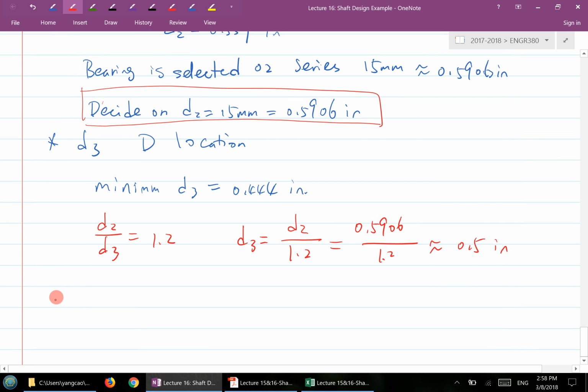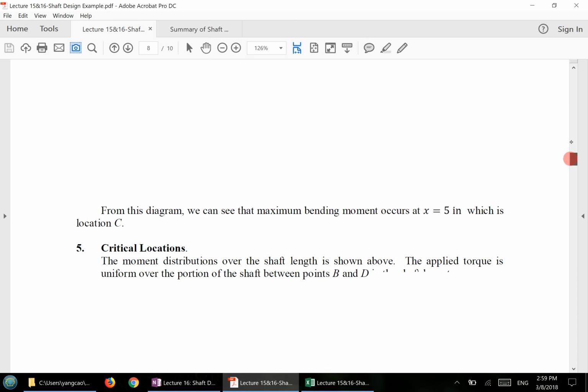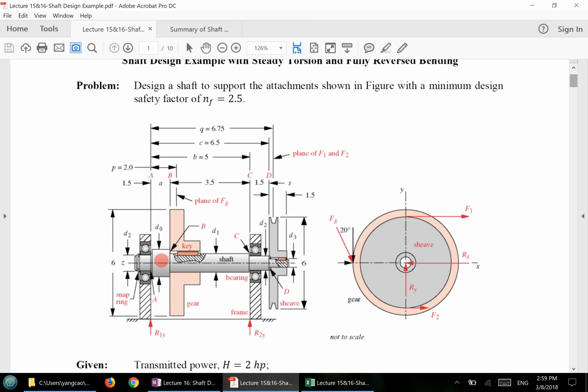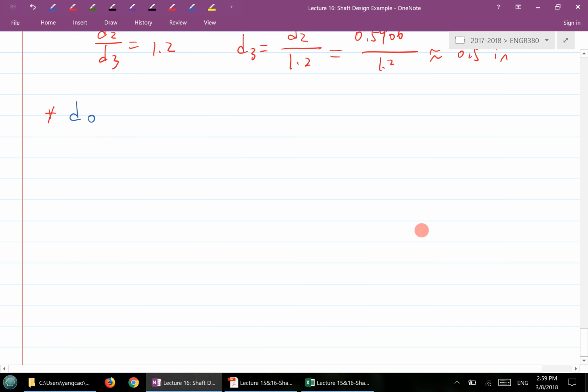Finally, there is also D0, which is this location here, the biggest portion. We can use a similar relationship. D0 over D1, let's use 1.2.